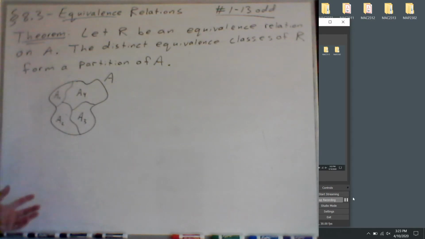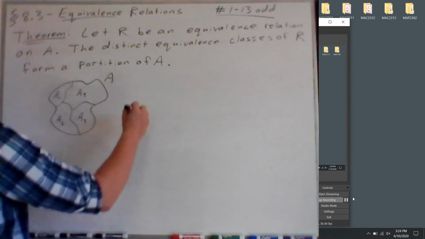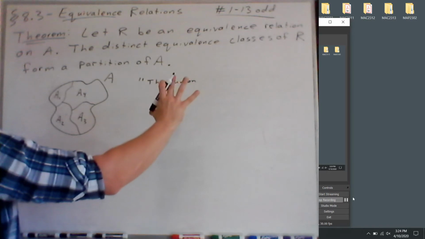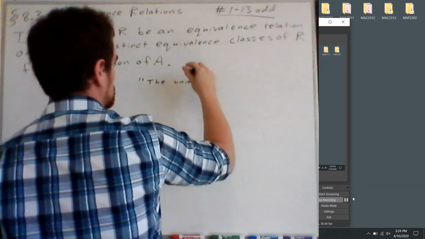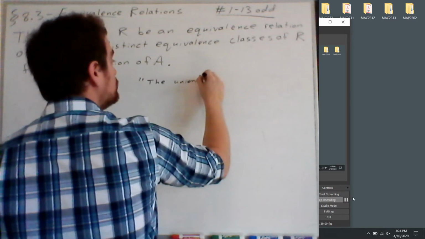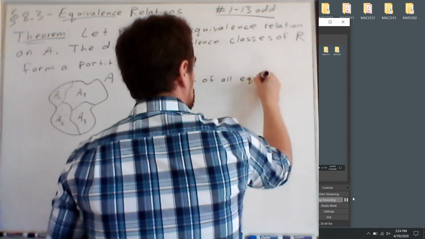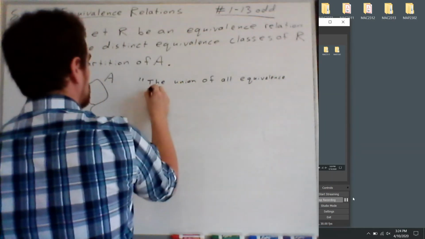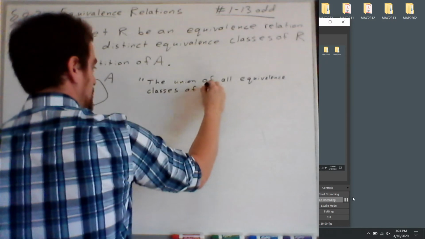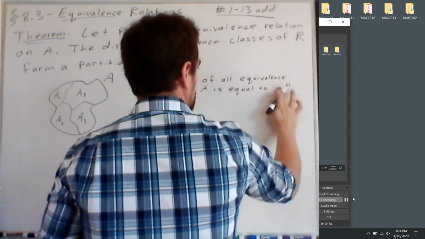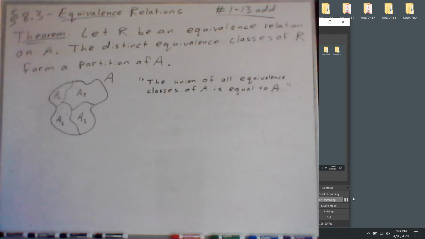That means the union of all these distinct equivalence classes is A. And that's one way of interpreting this theorem: if we have all these subsets split apart and we bring them back together, if they're all distinct equivalence classes, then the union of all equivalence classes of A is equal to A. So that's one way of interpreting it.